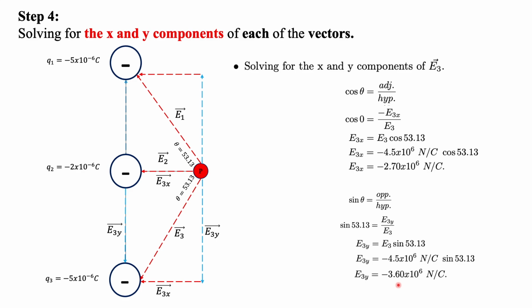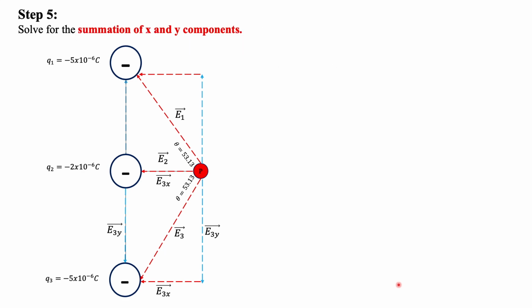So the fifth step is to add up all the components. You solve for the summation of the x and y components of each of these vectors E1, E2, and E3, or electric fields 1, 2, and 3. So along the x-axis, you take into account the sum of all the x components, that means E1x, E2x, and E3x.